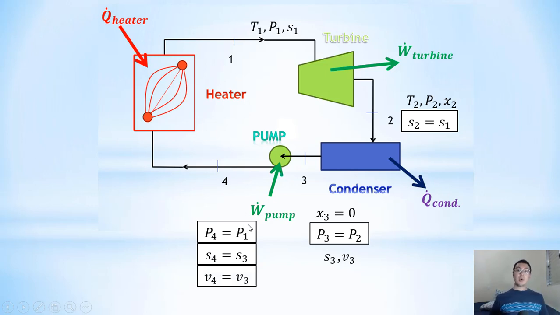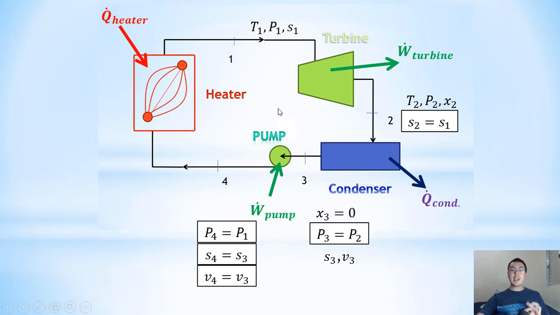This is one consideration that is very important for us to know how to calculate all the heats, works and powers inside the components. The specific volume at point 4 equals the specific volume at point 3. That's because at the outlet of the condenser we have saturated liquid, so the temperature of point 3 is equal to the saturation temperature for pressure 3.